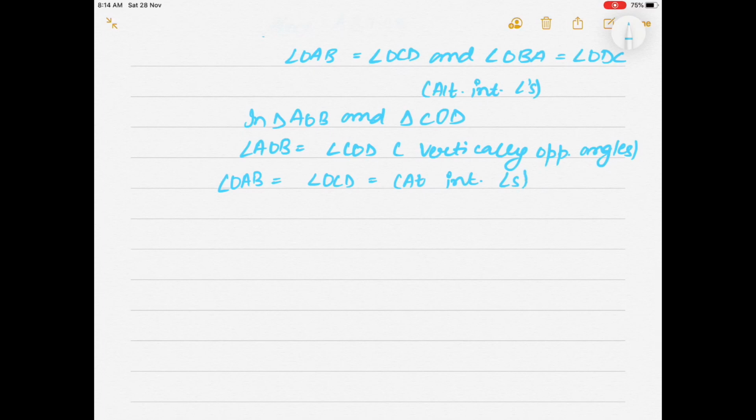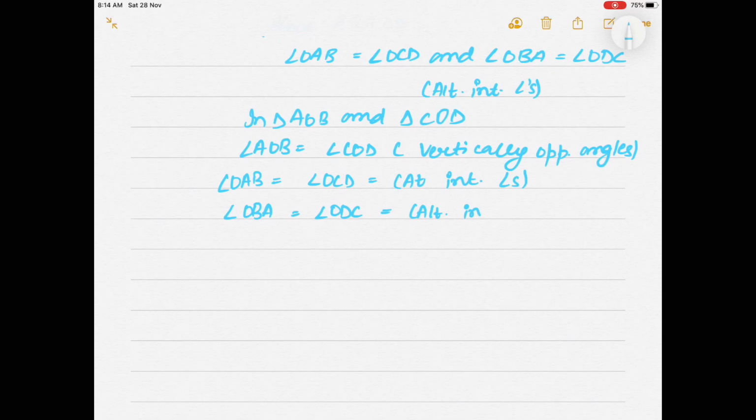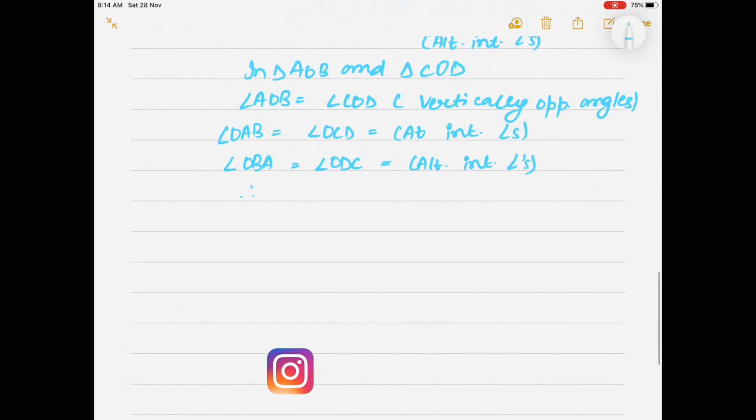You have to mention all these properties in your exam in order to gain full marks. And also angle OBA will be equal to angle ODC, as these are also alternate interior angles.